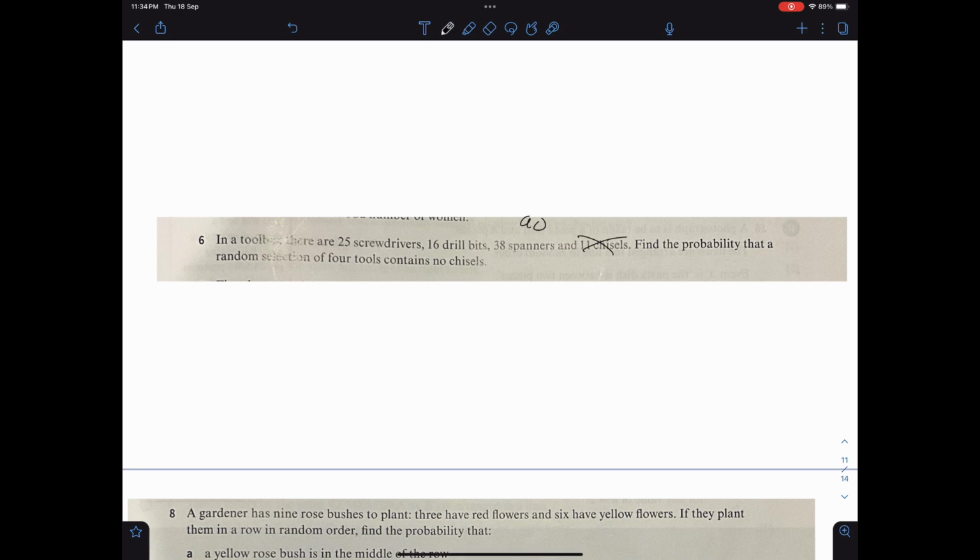If we take out the chisels, we're left with 79 things. And we want 4 things. 79 choose 4 over 90 choose 4. Simple as that. 0.588.